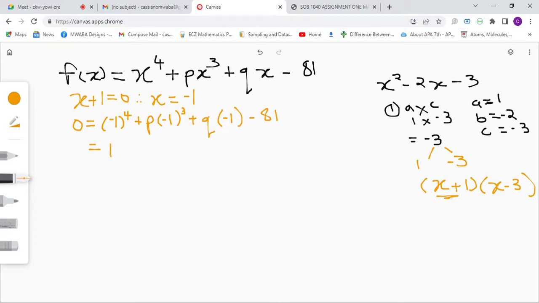Negative 1 to the power 4 is 1. Negative 1 to the power 3 is negative 1 times p, we get negative p.